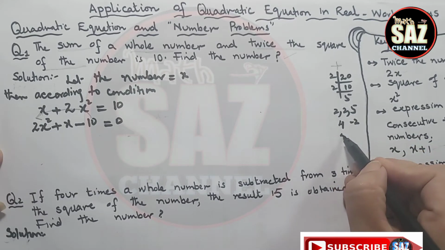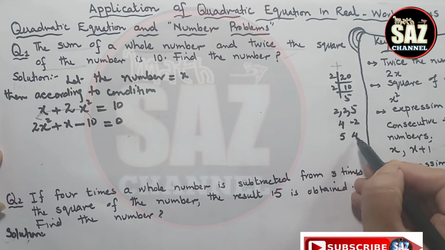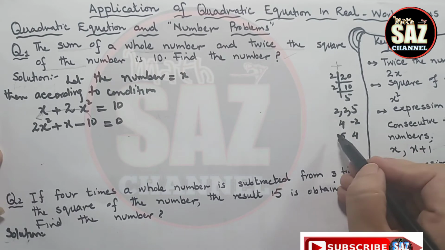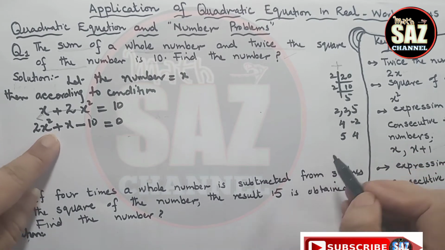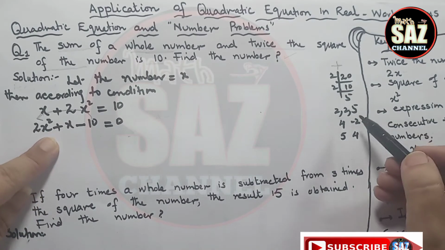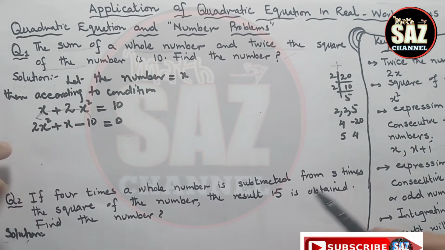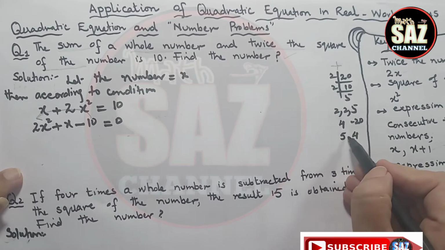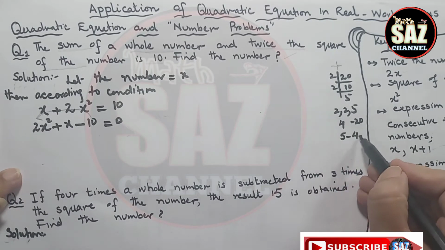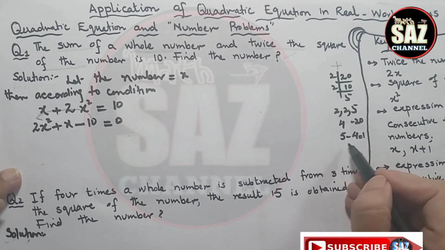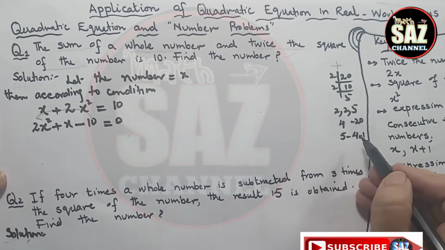So I think 5 and 4 is the suitable choice. 5 with positive sign and 4 with negative sign, because when I take away 4 from 5, my answer will be 1, and when I am multiplying 5 by 4, my answer will be minus 20.